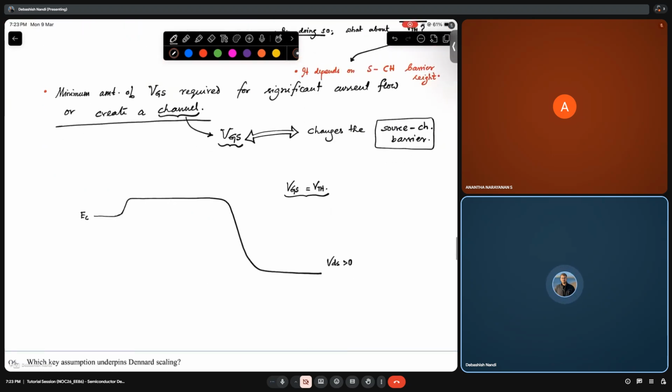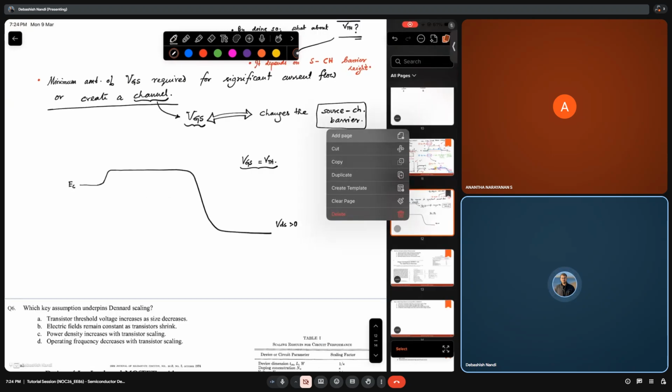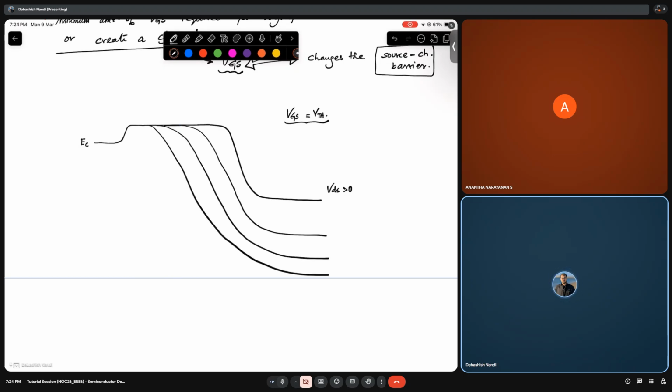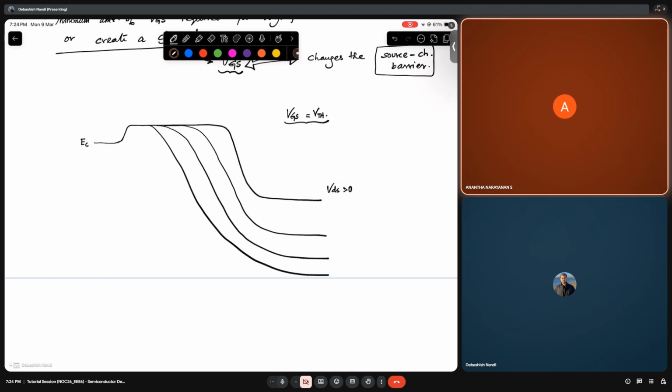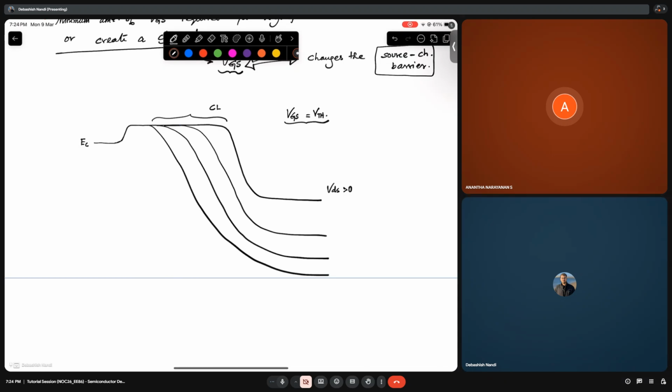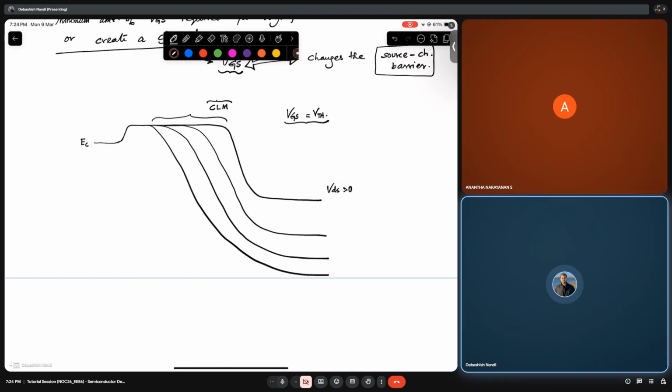Now what will happen if I keep increasing my VDS? It will be like this, right? Channel width will reduce, right, sir? Yes, that is your CLM, channel length modulation.